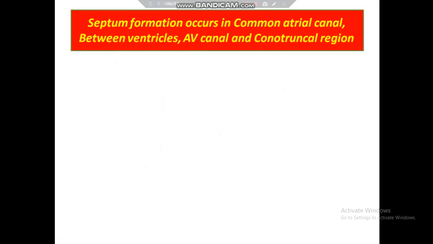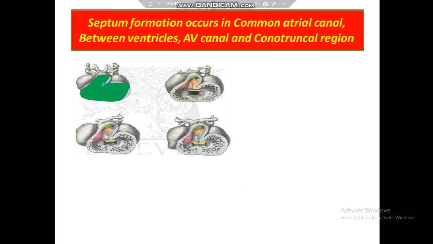Now, septum formation occurs in the common atrial canal, between the ventricle, the AV canal, and the conotruncal regions. So we can see the heart tube after the looping has occurred. This is the primitive ventricle, bulbus cordis, and the conotruncal area.